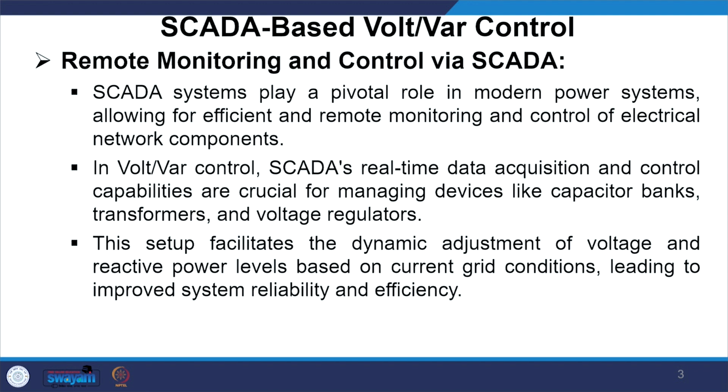The setup facilitates the dynamic adjustment of voltage and reactive power levels based on current grid conditions, leading to improved system reliability and efficiency. The control logic in these systems is often based on a set of predetermined rules, that is, when to switch on, how many layers need to be switched on, and when they need to be switched off.